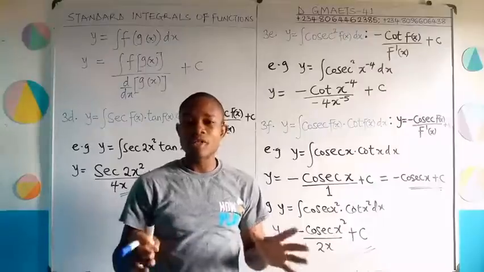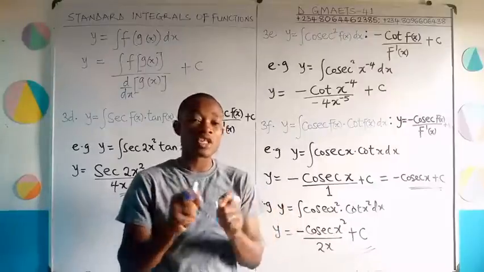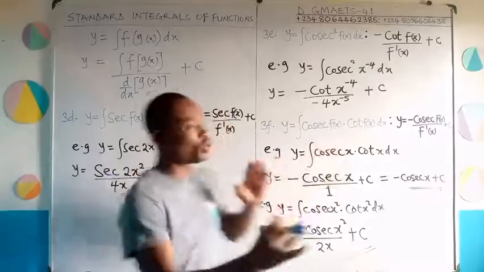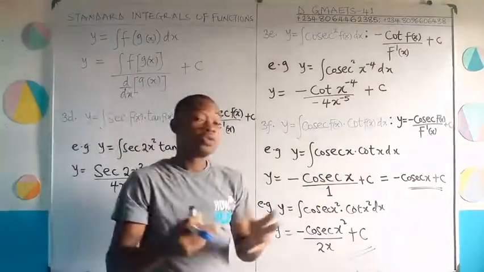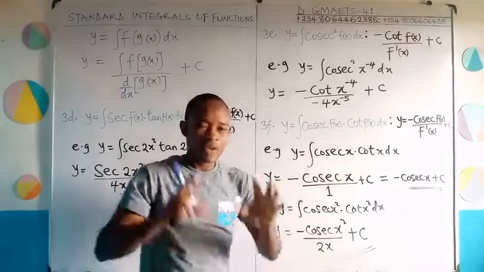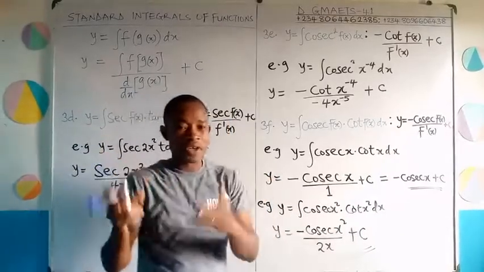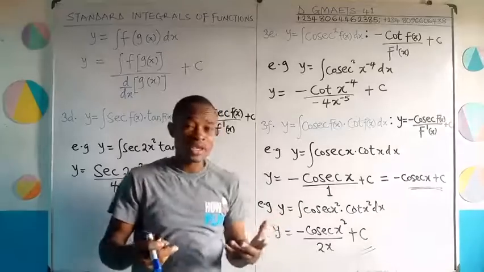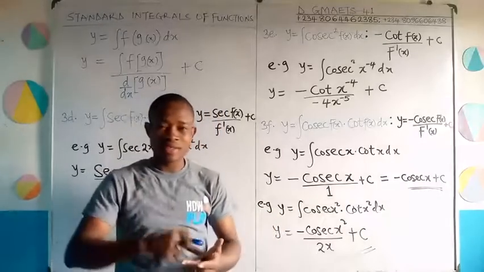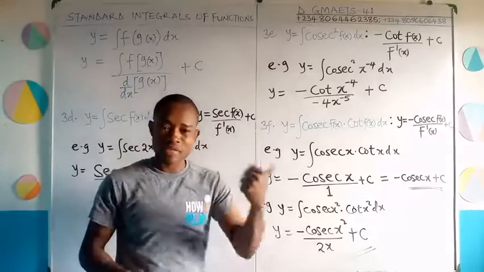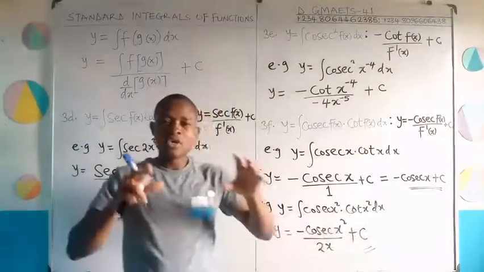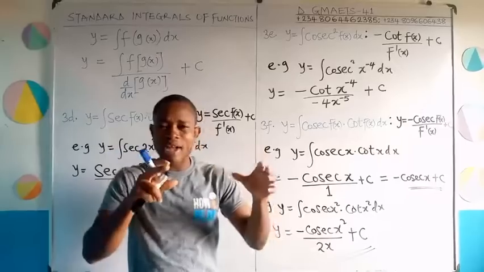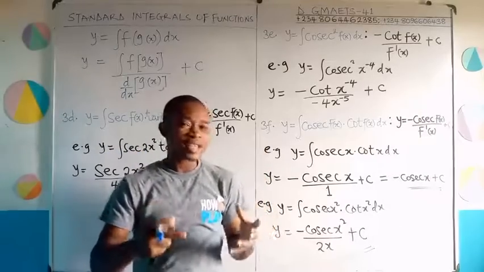Let me just tell you that tan of a function does not have a standard integral that follows the way the other trig functions which we've considered took. If you look at the trig functions from 3a down to 3f, we considered that of cosine, sine, sec square, sec, cosec square, and then cosec cot. You notice that they followed one particular pattern. And what was the pattern observed?